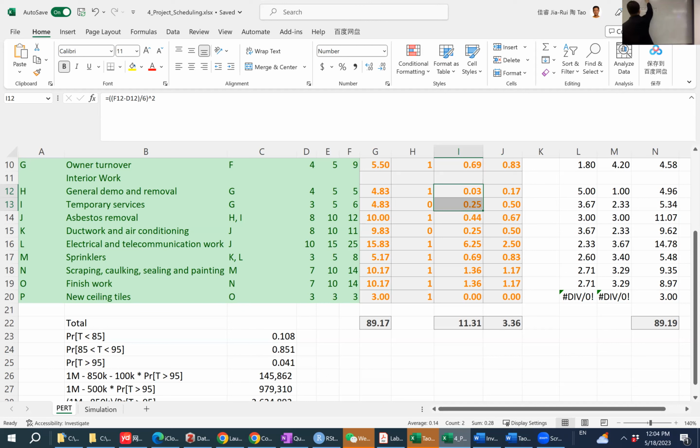And the reference quantity is here, 85. 85 days is smaller than the mean or expected total duration, which means it's on the left side of the bell curve, which also means the probability, calculated as the area under the curve, is smaller than 0.5.